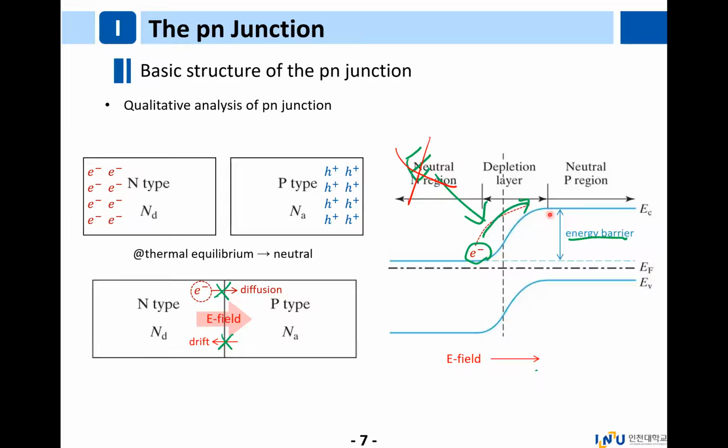In essence, the force attempting diffusion is countered by the built-in electric field, which restricts the electron's motion, or one can think of it as the creation of an energy barrier for the electrons.